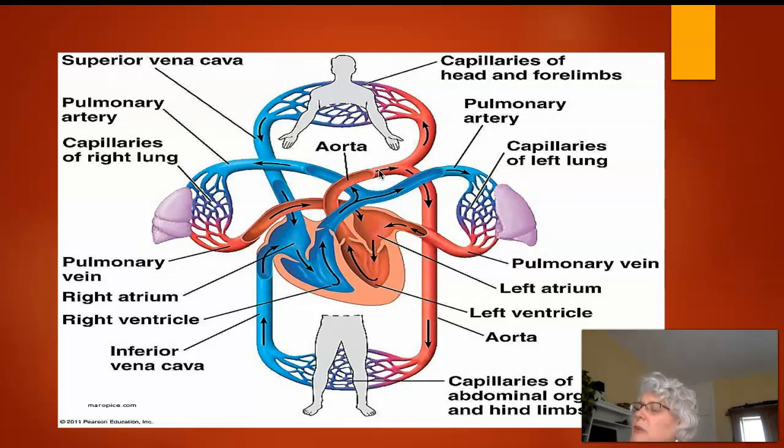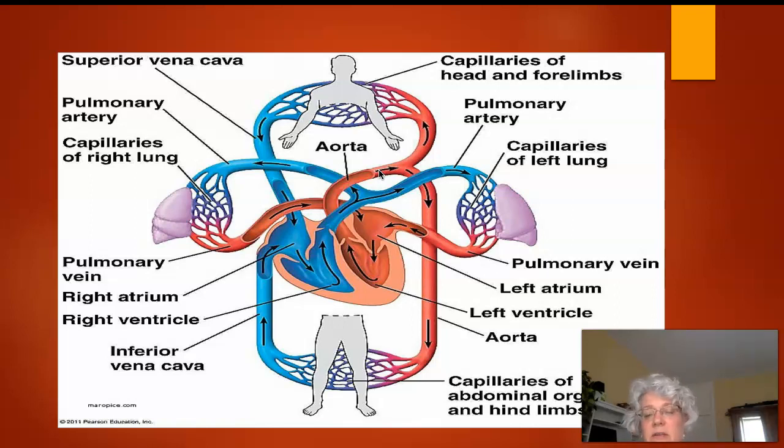So the right coronary artery is feeding the right atrium, the right ventricle, a portion of the posterior wall of the left ventricle. And the left coronary artery is feeding the left atrium, the left ventricle, and the interventricular septum and a portion of the right ventricle. So these are important to know, because if some of those arteries become occluded, you'll know which part of the heart could possibly be affected by that.